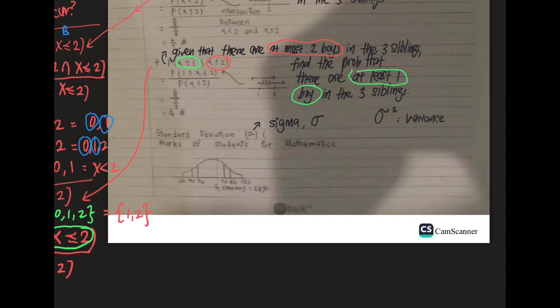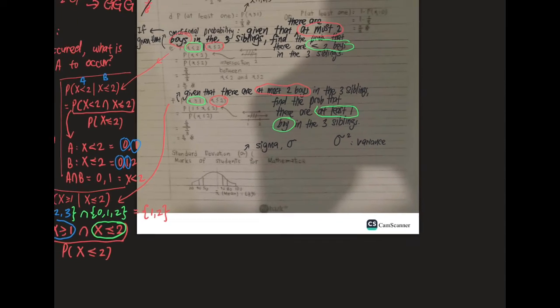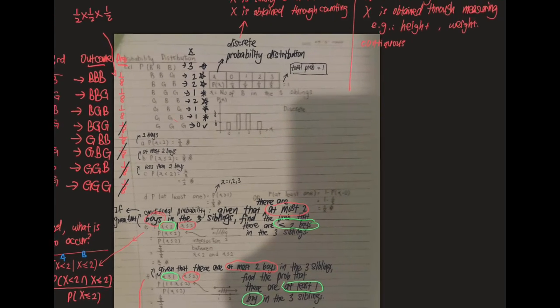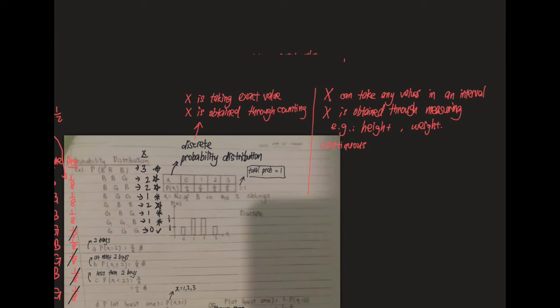Okay, now let's see. Marks of students for mathematics. Okay, all of a sudden they put this graph already. So just for your information, I want to compare first before we discuss this. Just now we talked about discrete and continuous. For discrete, the graph of probability versus x is normally like this, vertical lines.